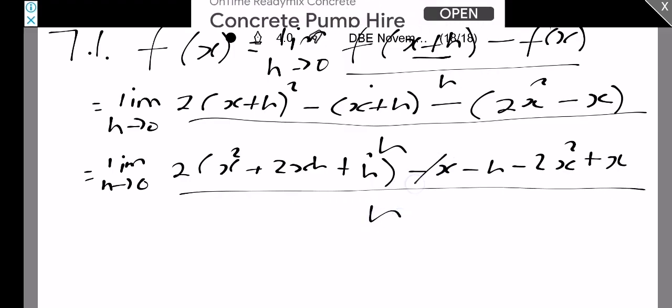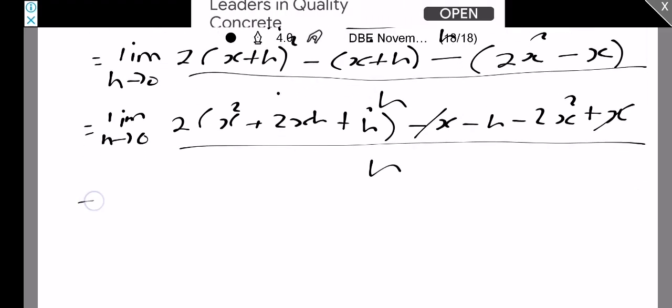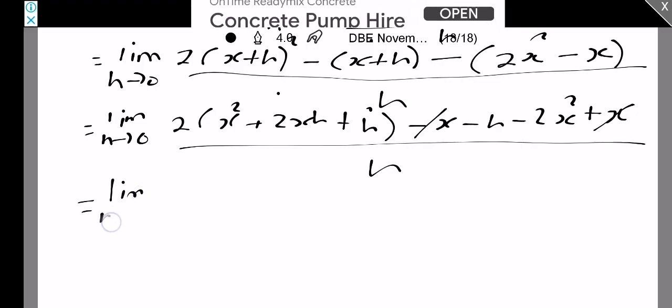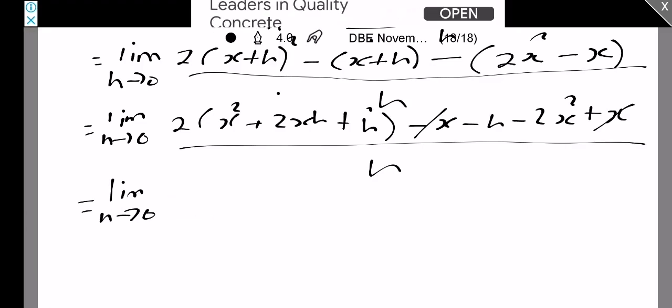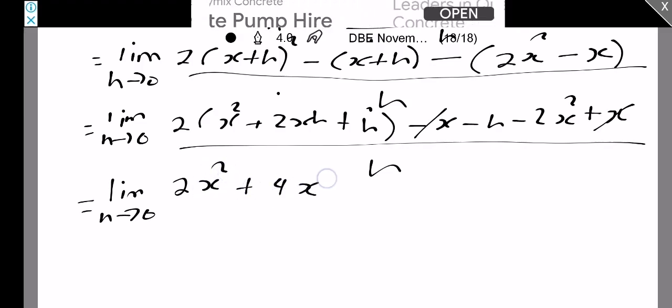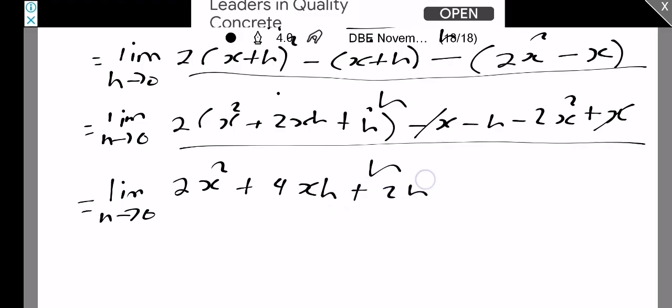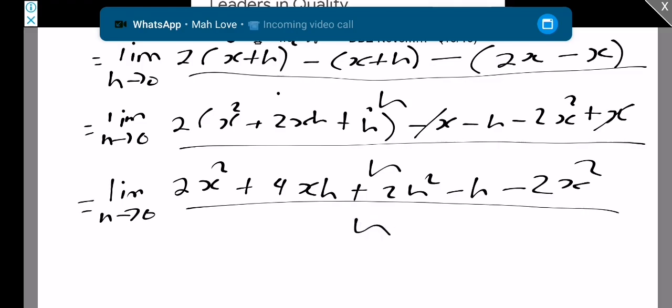Over h. This cancels already. Then we are removing this bracket, equal to the limit when h approaches 0 of 2x squared plus 4xh plus 2h squared, now minus h minus 2x squared all over h.